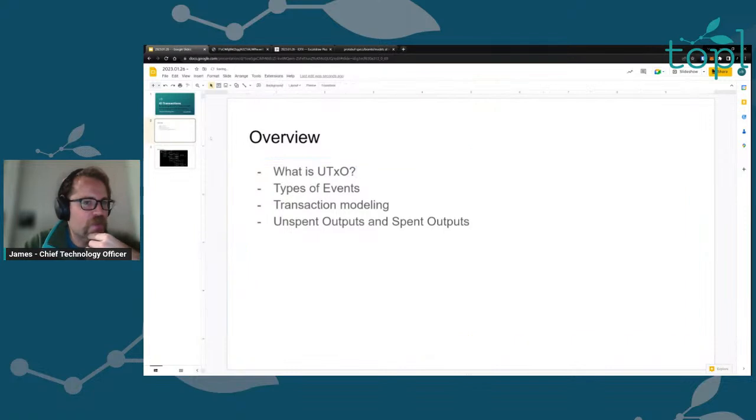If anyone's unfamiliar, we're going to spend a little bit of time talking about the UTXO model in general and how it functions. Then we're going to talk about how we can think of transactions and how we think about them in the Topl ecosystem.